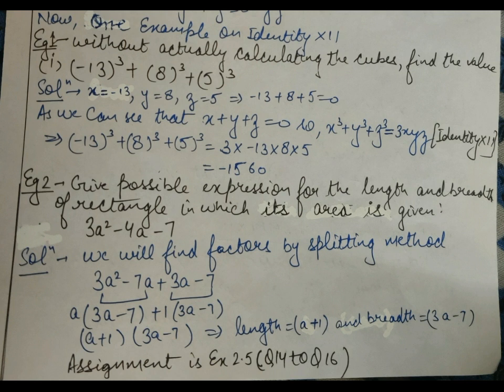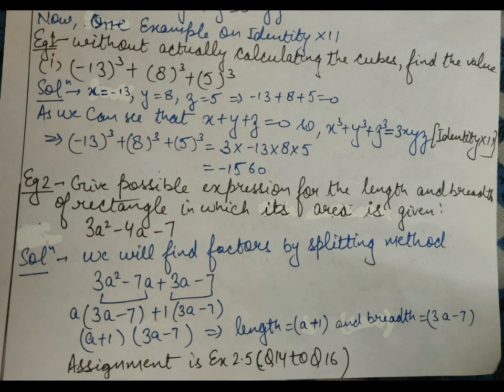As we know, according to identity number 12, if x plus y plus z is equal to 0, then x cube plus y cube plus z cube is 3xyz. Similarly, we can write our given question as 3 into minus 13 into 8 into 5. And so the answer is minus 1560.